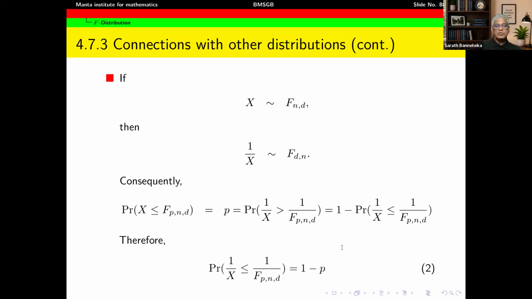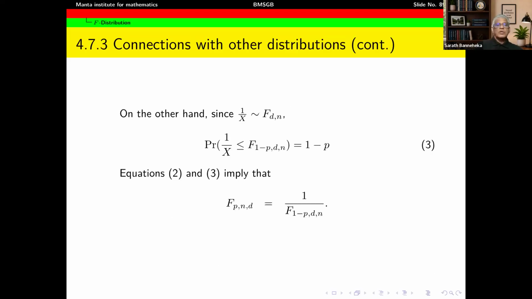You can take this to this side. So this is one expression that I need, right? Probability 1 over X less than or equal to this quantity is equal to 1 minus P. On the other hand, 1 over X has an F distribution with D and N degrees of freedom.